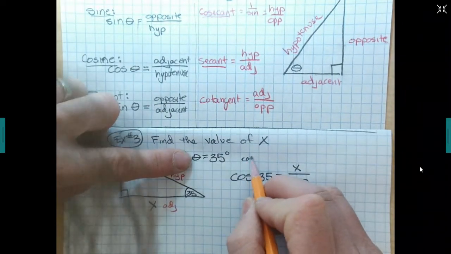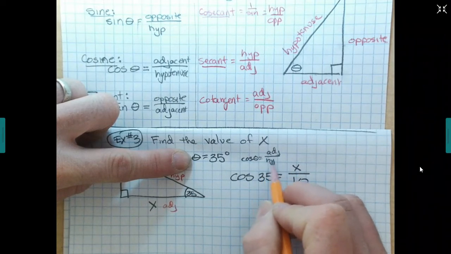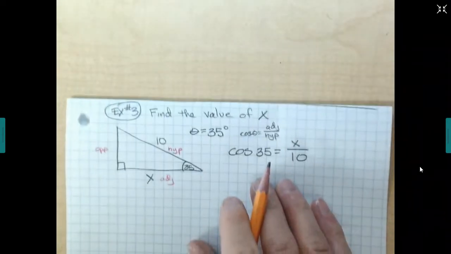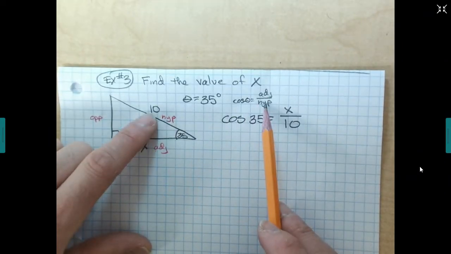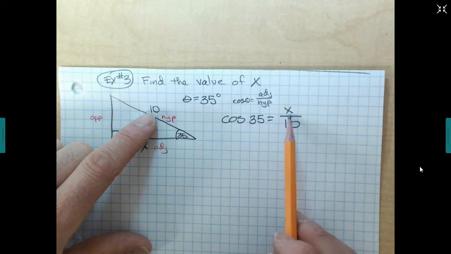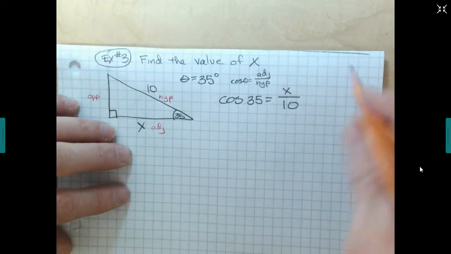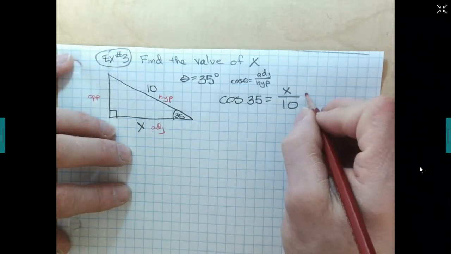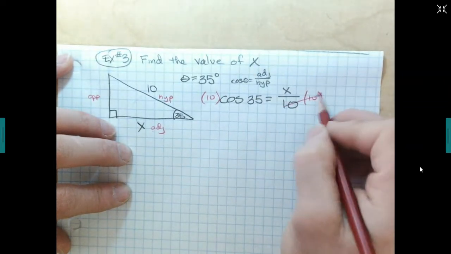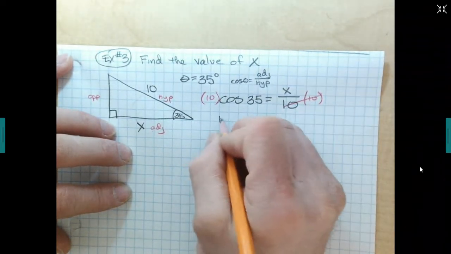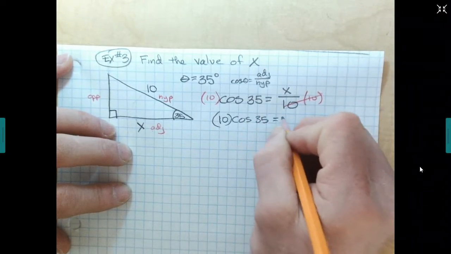So cosine of theta equals adjacent over hypotenuse. We see here adjacent is x, hypotenuse is 10. So you have cosine 35 equals x over 10. How do we solve that? Well, let's get our x by itself. So we multiply this side by 10, we multiply this side by 10. So we now have 10 times cosine 35 equals x.